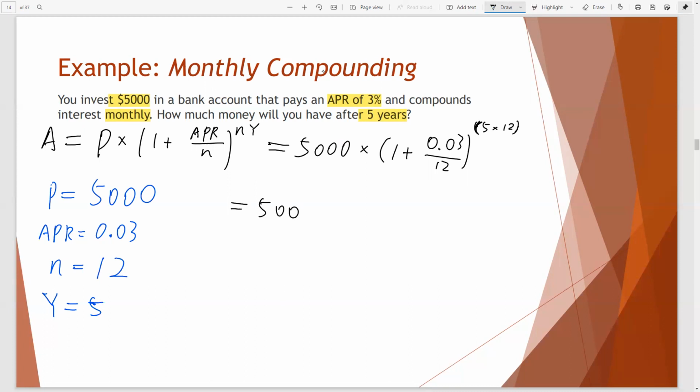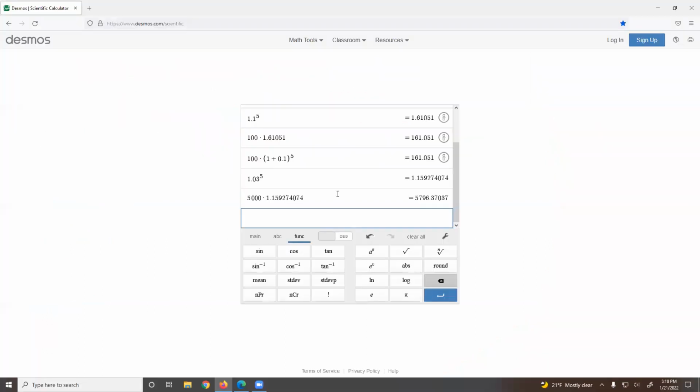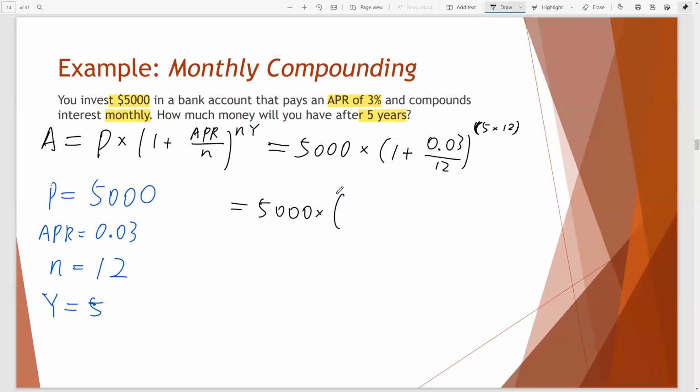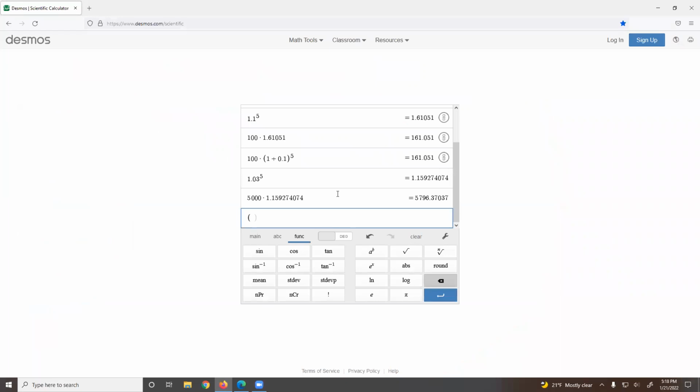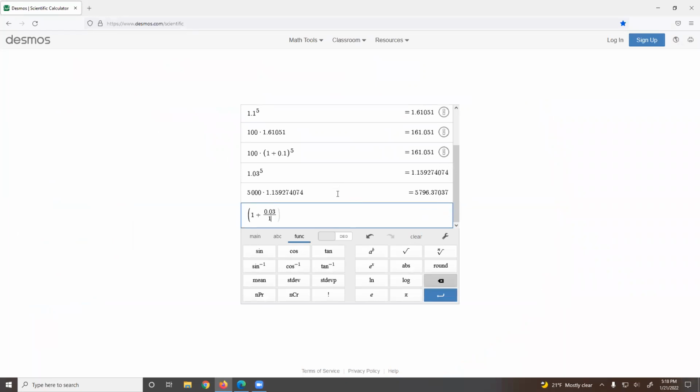At the end, we'll have a long bunch of numbers. So we have 1 plus 0.03 divided by 12, raised to the power of 12 times 5, 12 times for 5 years.